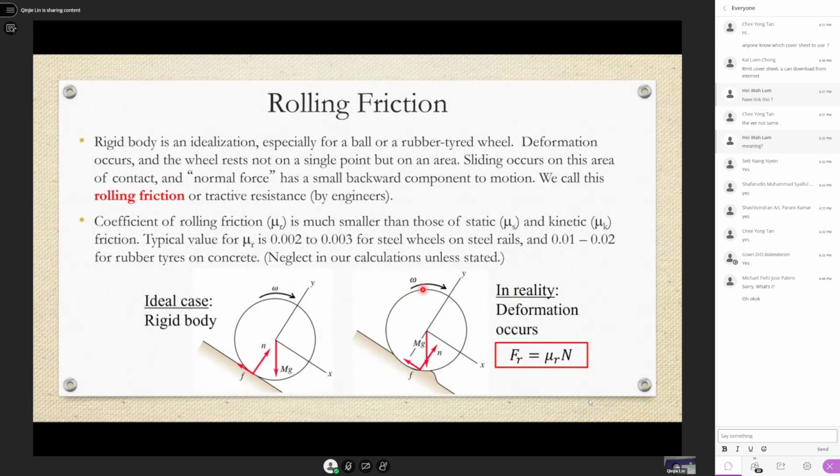But in real life, when a ball rolls down, even the ground, there's going to be some small bumps. So these bumps will try to slow down and take energy away from the rolling motion. It also applies to, let's say, car tires, bicycle tires, rolling also.